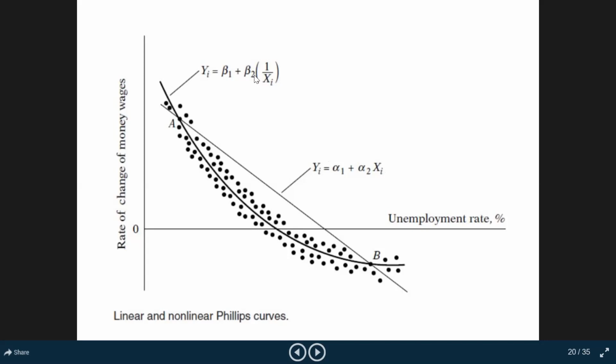Also, looking at the two forms, the nonlinear Phillips curve model is linear in parameters but not linear in the variable. On the other hand, the linear curve is linear in both parameters and variable. So these are two curves: one is the linear Phillips curve and the other is the nonlinear Phillips curve.